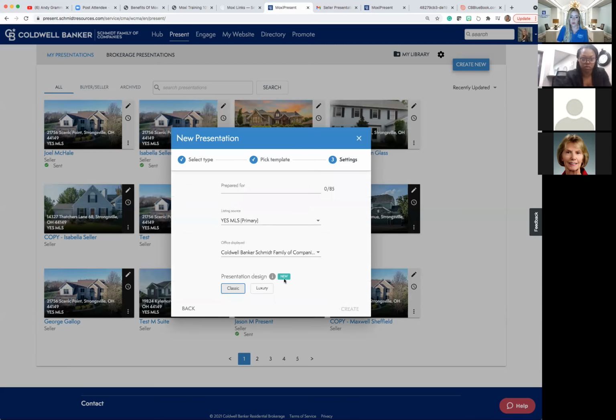Now here is where you can decide if you want it to be classic, so it's your brand's colors, blue for Coldwell Banker, gold for Century 21. But if you choose this luxury option, it's going to brand it black. So our global luxury brand is beautiful, stellar, stunning photos, and it has that sheer black bar across it. The entire presentation will be branded luxury.